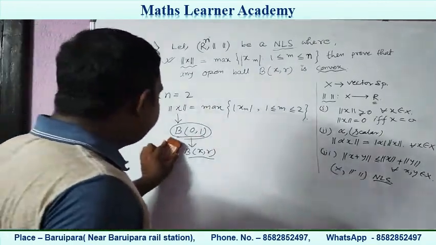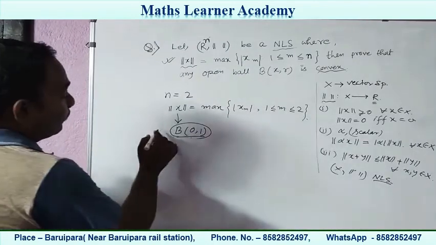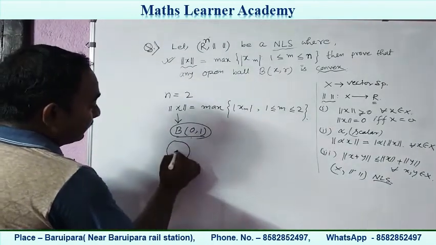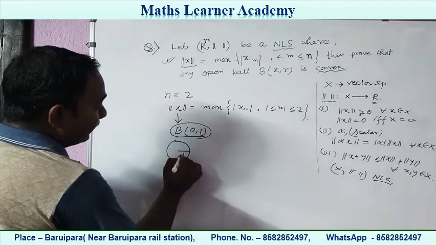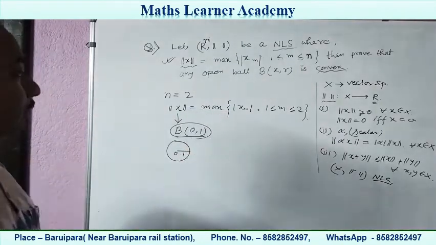So here we will construct this ball B(0,1). B(0,1) means you can consider this as a circle with radius 1 and center origin, right? So this is our B(0,1) ball.